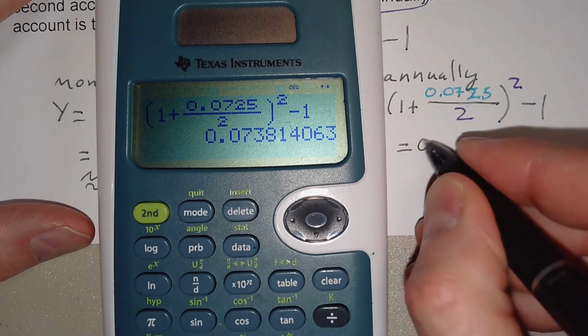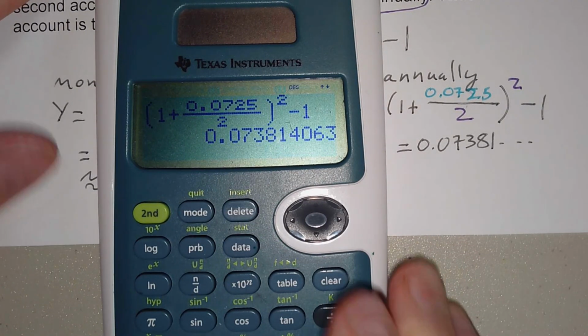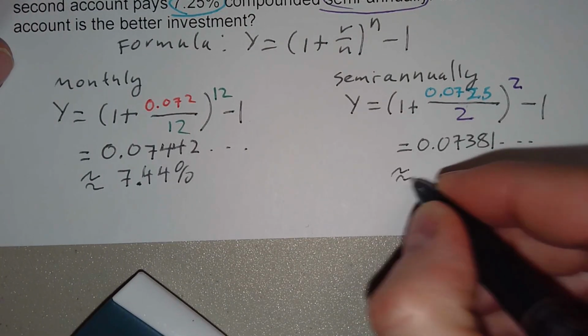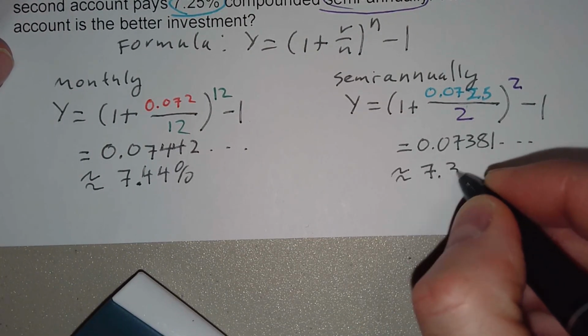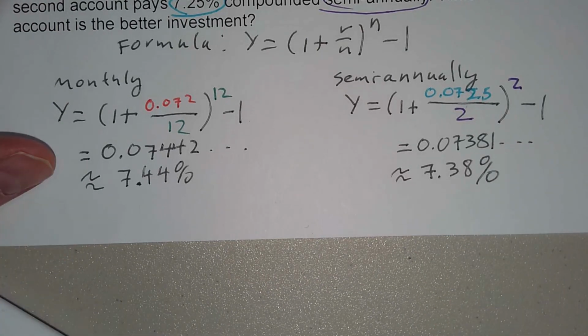So that'd be 0.07381 and so on. So 7.38%. That tells us that the monthly investment is better.